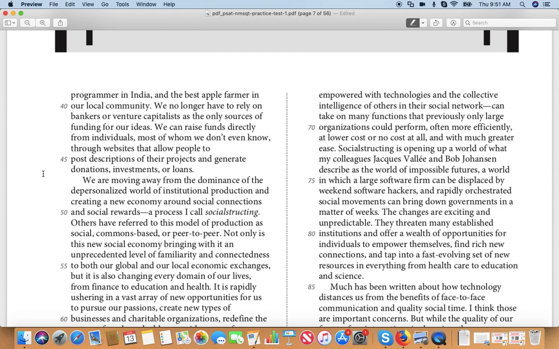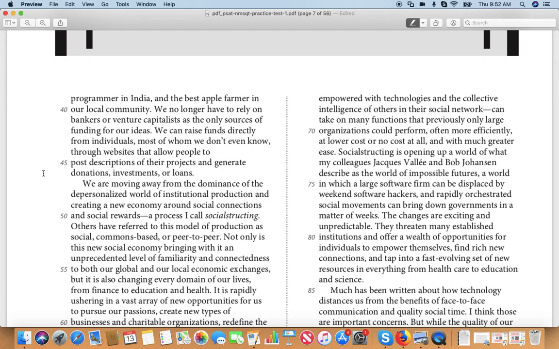We can raise funds directly from individuals, most of whom we don't even know, through websites that allow people to transfer descriptions of their projects and generate donations, investments, or loans. Okay, how does transfer work there? Yeah, it's not terrible.